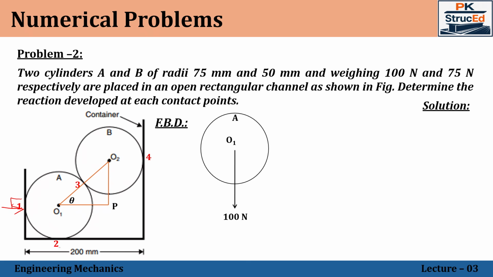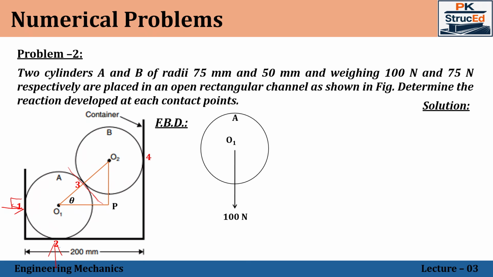The second surface is a horizontal surface, so the normal reaction will be acting vertically upwards, perpendicular to the surface. Going on with the third point, it is not a surface, it is a contact point. In that case, we can draw a tangent at that point, and perpendicular to the tangent we get the normal reaction.